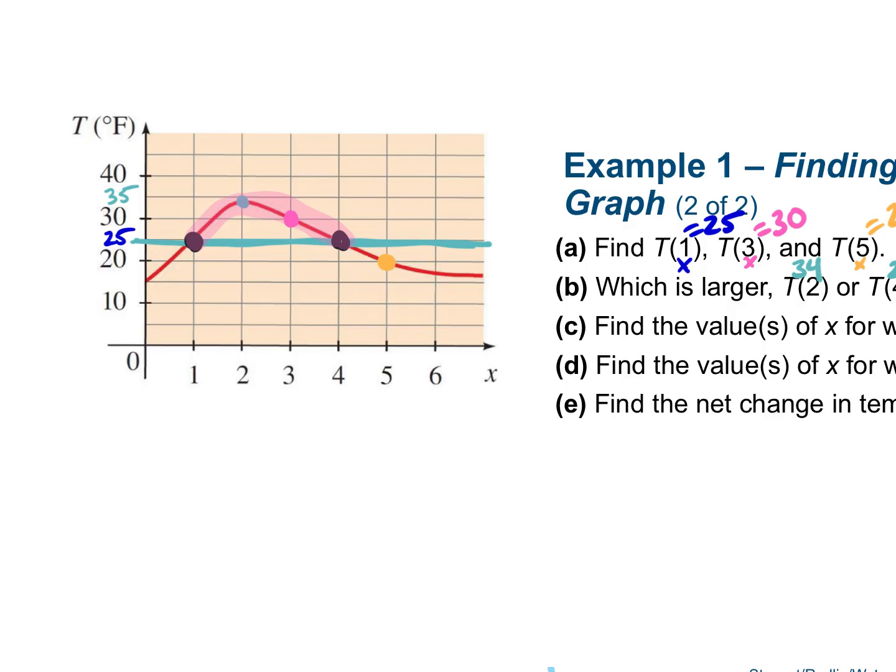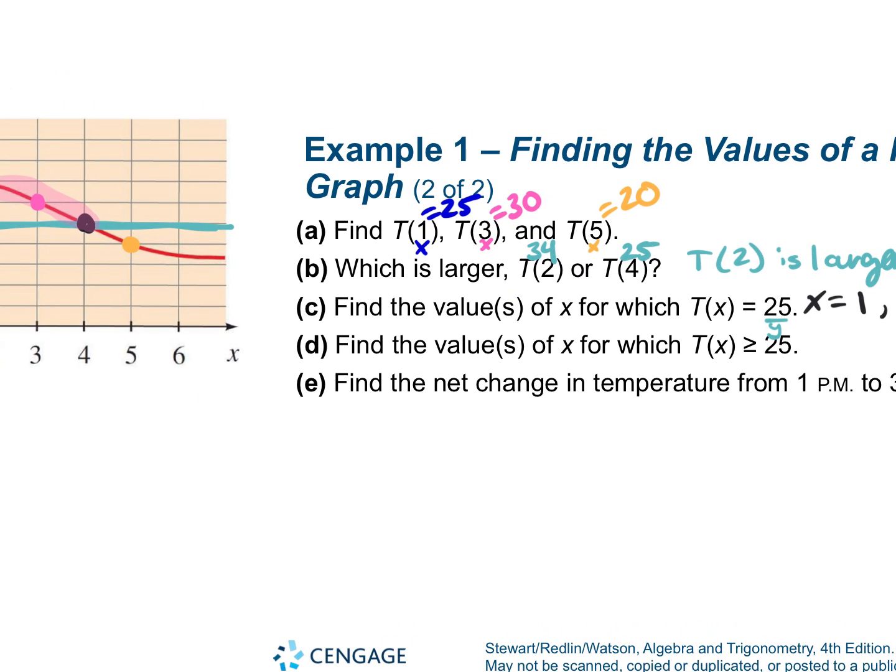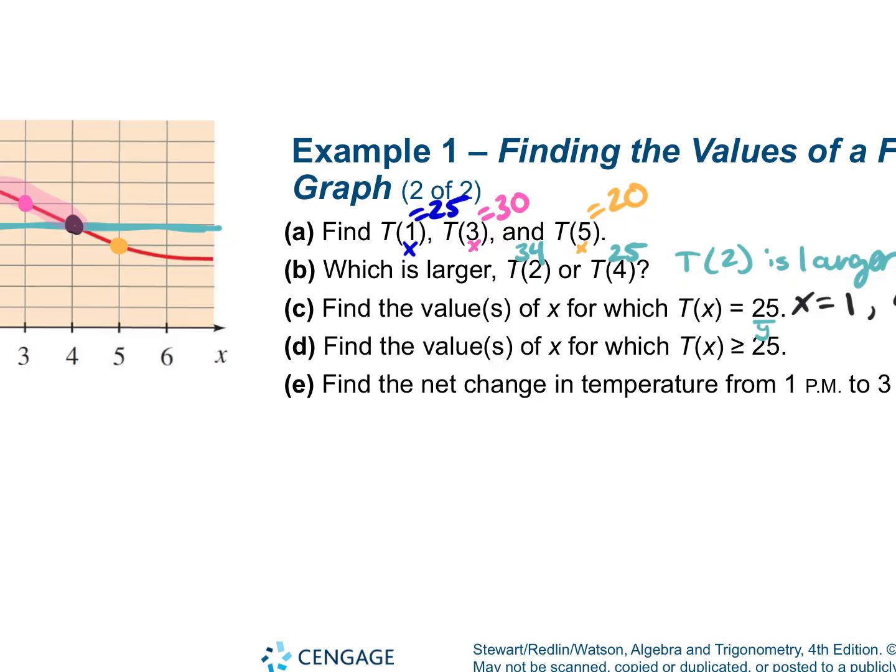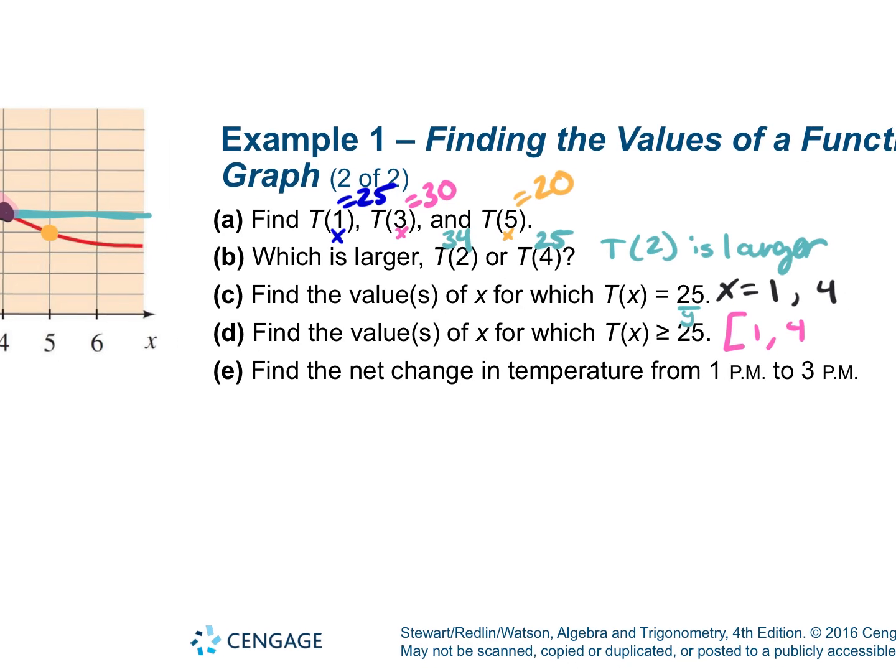Because it could also be like 1.5 and 2.5, like the numbers in between those. So we wouldn't just say 1, 2, 3, and 4. We have to say in between 1 and 4. So we'd say from 1 to 4. Are we including 1 and 4? Yes. Yeah, because it's greater than or equal to 25. So I'd put brackets.